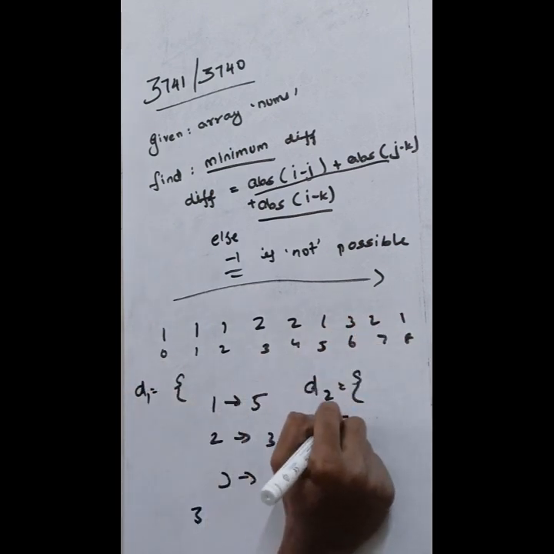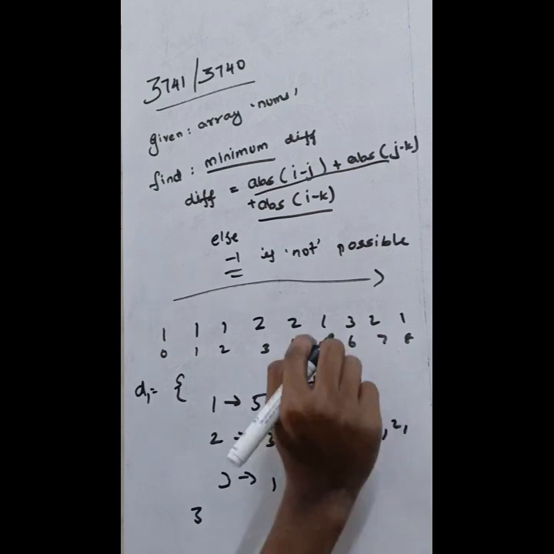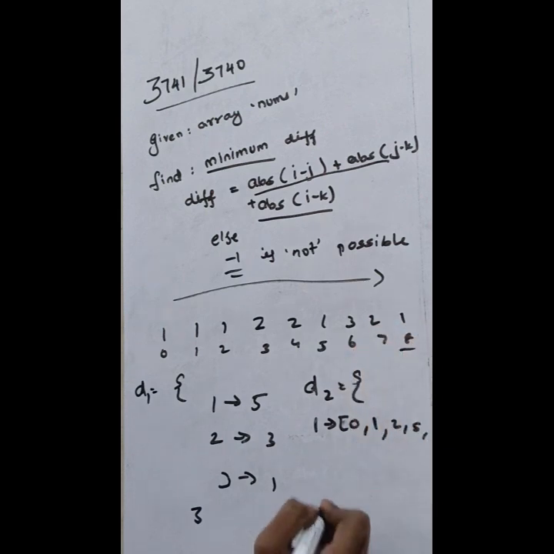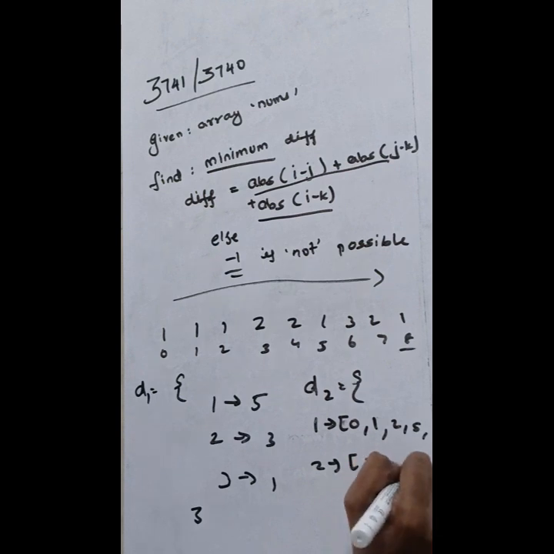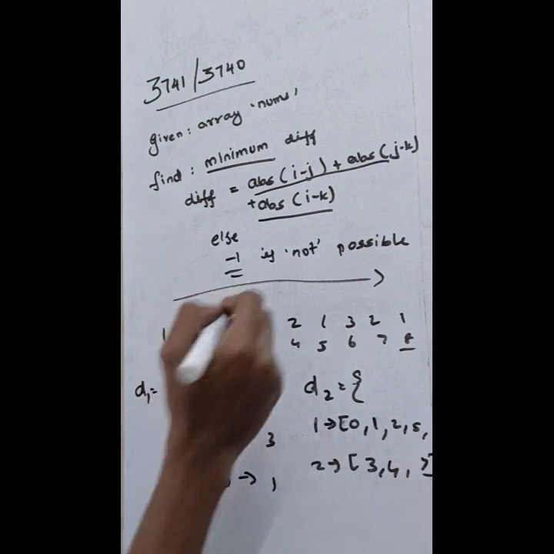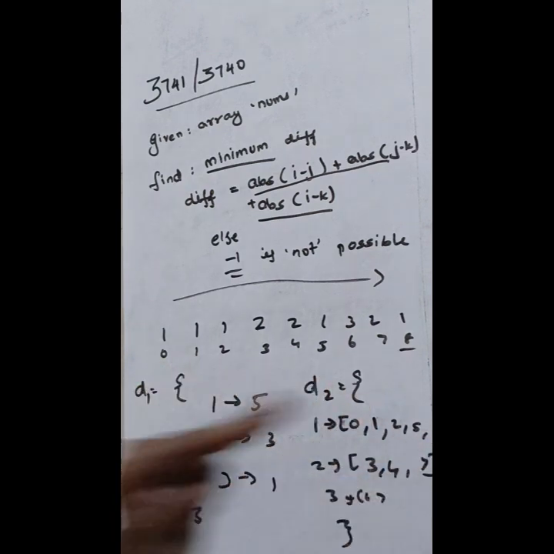So 1 would be storing 0 1 2 5 and finally 8. Okay, and then 2 would be storing 3 4 and 7, and 3 would be storing just 6, right?